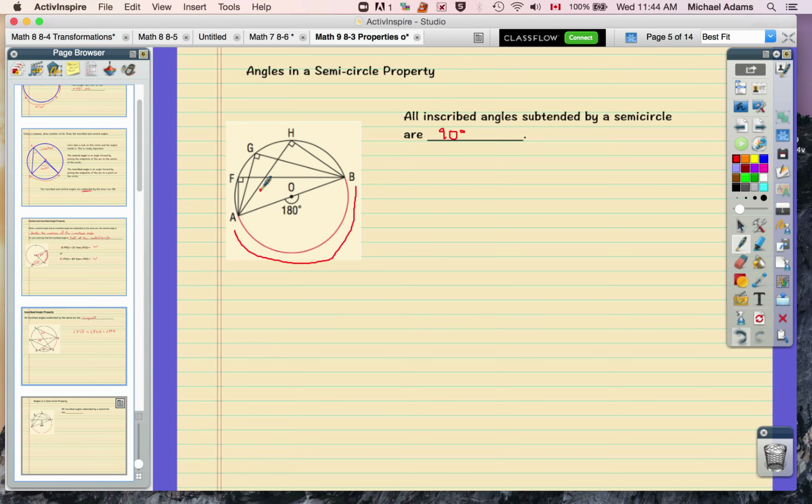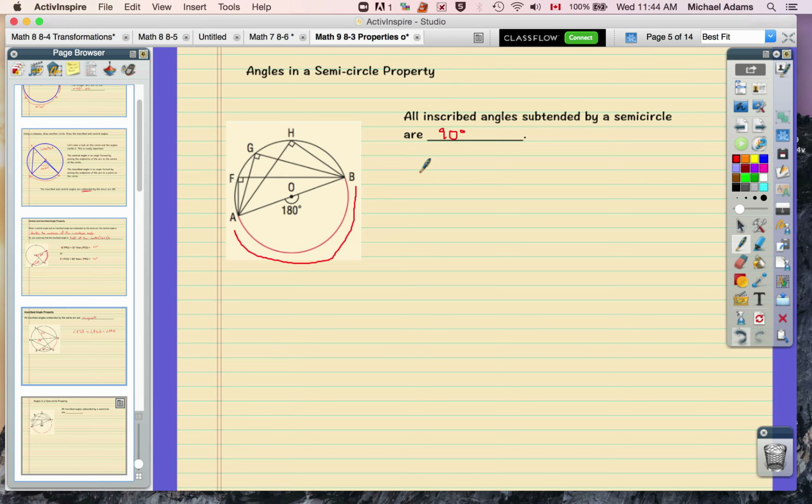Similar to our last one, where all the inscribed angles from the same arc were the same, it's the same thing here, except that if that arc is 180 degrees, or if the arc is a semicircle, all these angles inside will be 90 degrees.